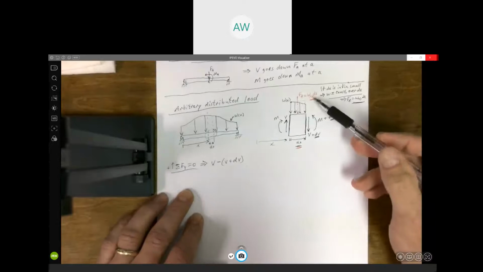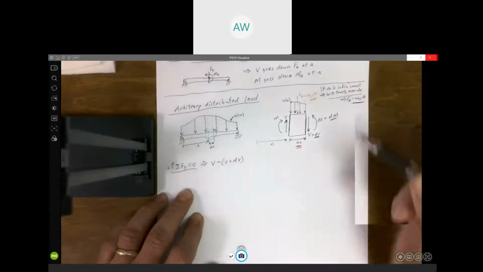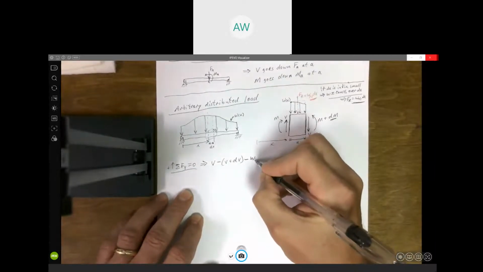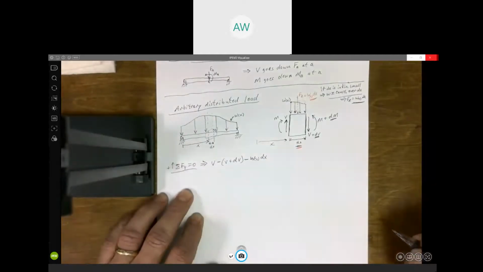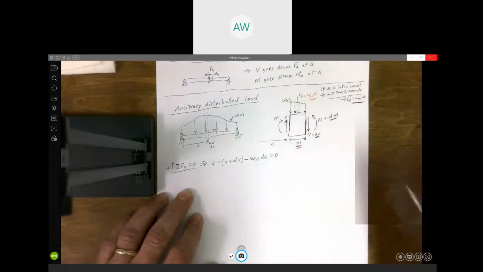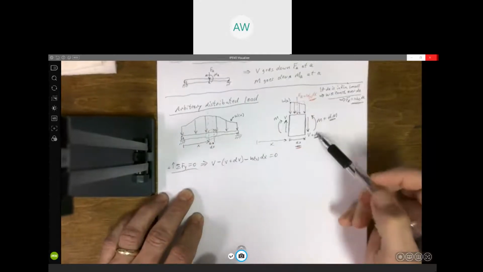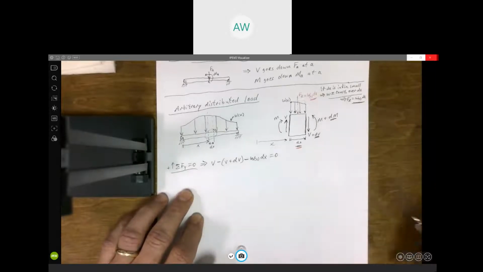And then we have our resultant force from our distributed load also acting down. So we'd have minus this distributed load function times that length dx, and all that is going to add up to 0. Those are the only three forces we have: the shear force on the left side, shear force on the right side, and our resultant force from our distributed load.